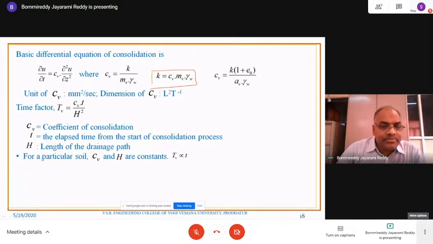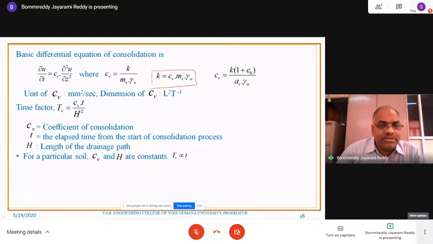For a given soil, the coefficient of consolidation is always constant. Similarly, for a given drainage path, H is always constant. If the path is fixed, H is also fixed; if the path is different, the H value varies. In the time factor, several parameters are there: Tv, Cv, t, H².